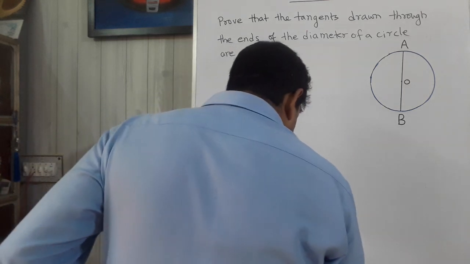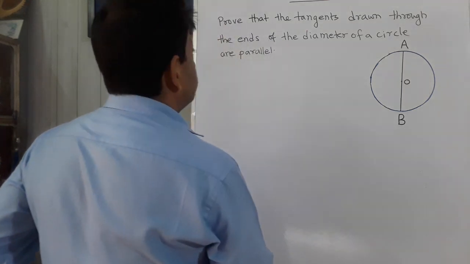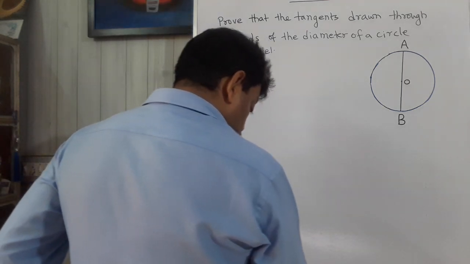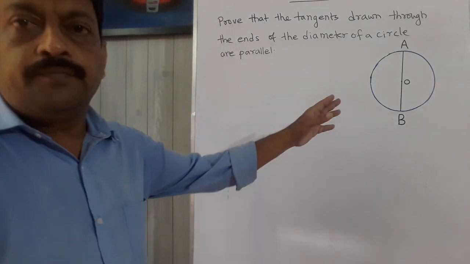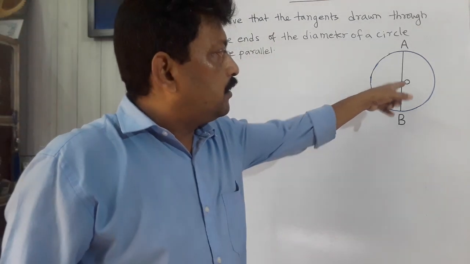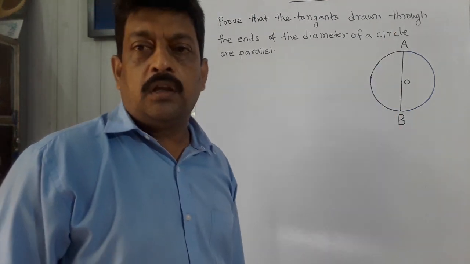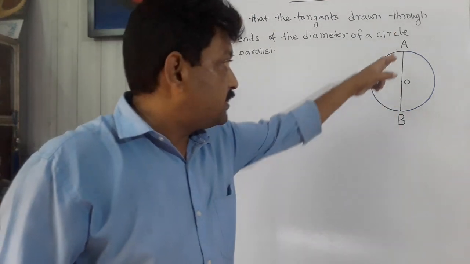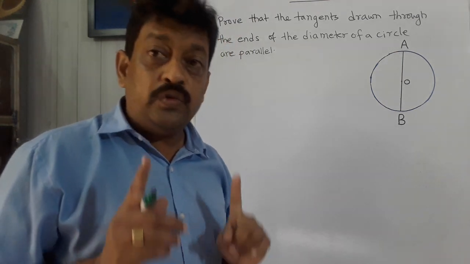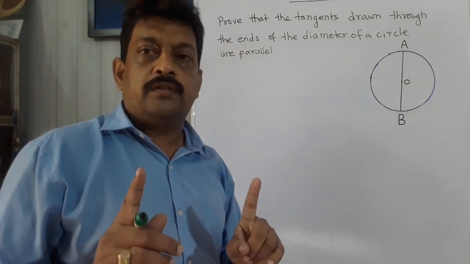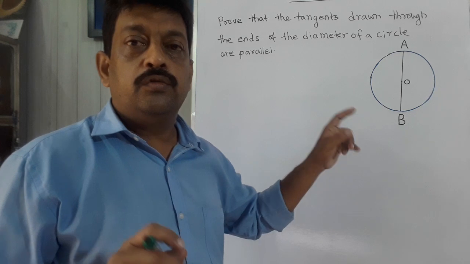Prove that the tangents drawn at the ends of the diameter of a circle are parallel. So here a circle with center O is there, and AB is the diameter of the circle. If we draw two tangents through the ends of the diameter, A and B, then these two tangents are parallel. We need to prove that.